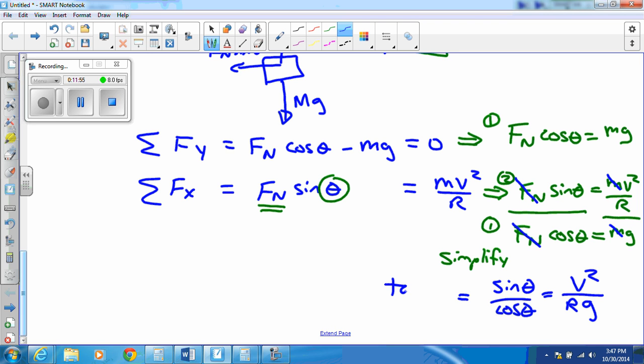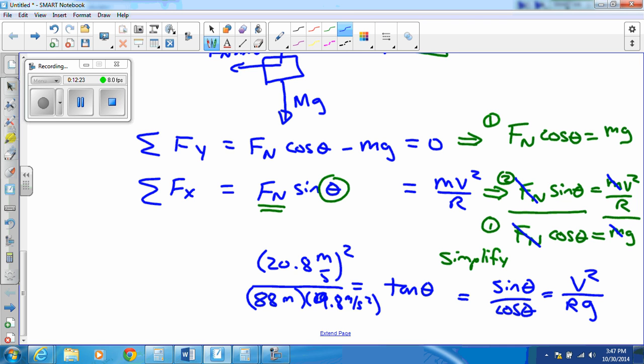We know all of the numbers on the right-hand side. We know v, we know r, and we know g. And we also know that sine theta over cosine theta is equal to tangent of theta. So the result is that we can immediately plug in numbers for v, for r, and for g.